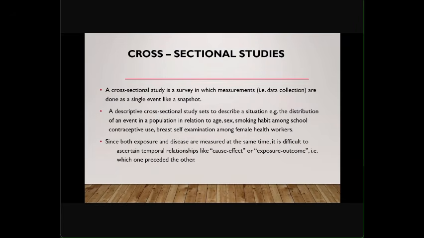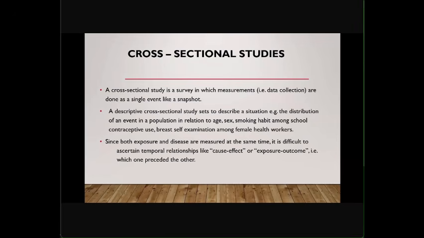Okay, so the unique thing about this is that they are called snapshot studies. Snapshot in the sense that it describes what is available at that particular point in time. It has no clue or information for us what preceded that event or that day, or what is likely to happen in the next 1 day or 2. We don't have that information.